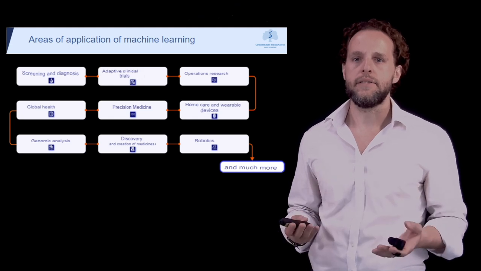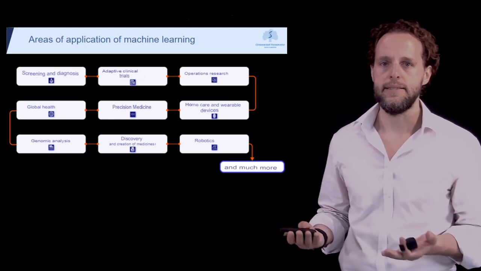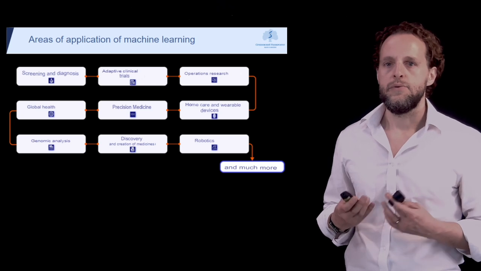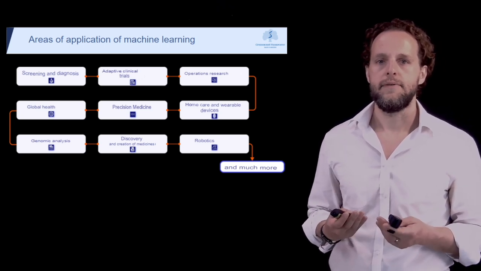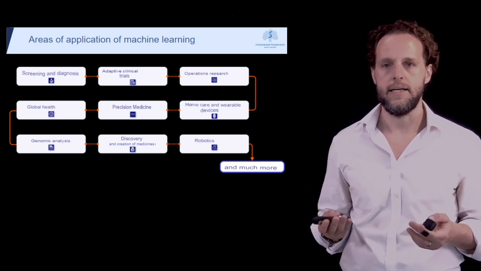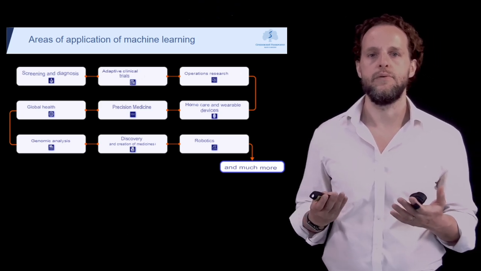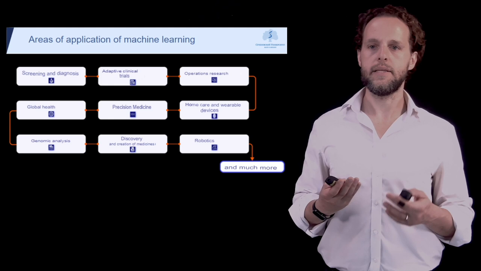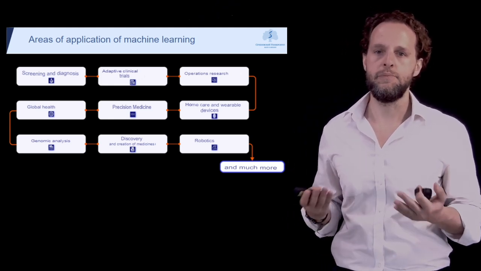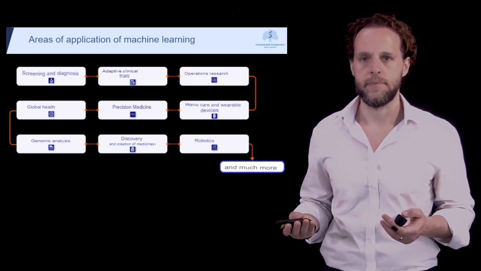Progress stalled because the mechanisms needed for high-performance AI systems didn't yet exist at that time. Two recent mechanisms that have led to the new advances in AI in medicine are availability and access to large volumes of digital health data, and development of graphics processors, GPU, which allow massively parallel computations.